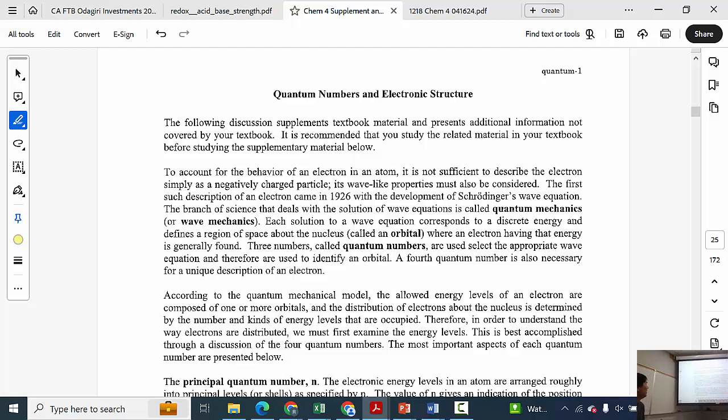So in your Chem supplement, you're going to have this section called quantum. And the following discussion supplements the textbook material.